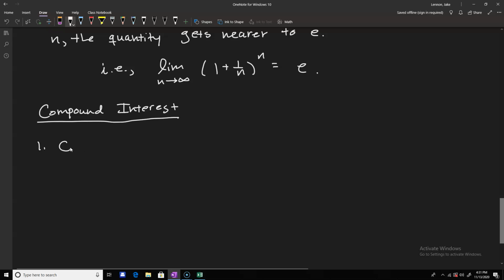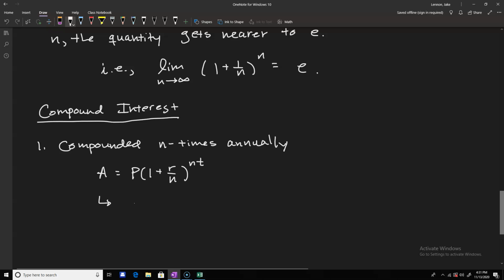So let's talk about interest that is compounded n times annually. In this, the formula here is A is equal to P times (1 plus r over n) to the n times t power.